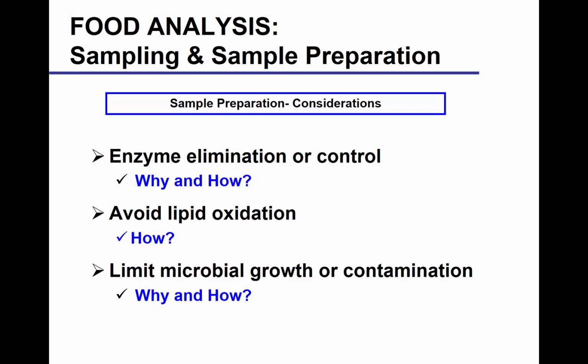How? Because microbes often produce exogenous enzymes, so they will secrete the enzymes, and you will end up having a fermentation sort of reaction, breakdown of lipids, fat, proteins, and sugars and carbohydrate. So the microbe's going to eat up your food and you end up having different results. So how do we avoid that?